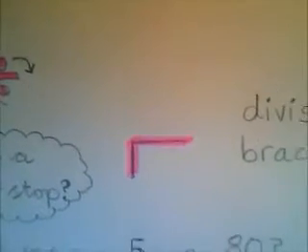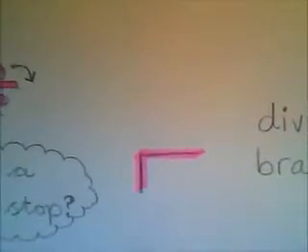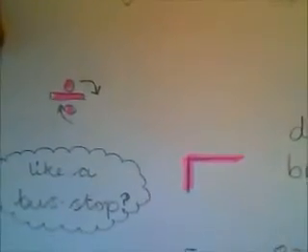Right there we have a division bracket. I think it looks a little bit like a bus stop. We're not supposed to call it the bus stop, but I like to think it does look like a bus stop. So I am going to call it a bus stop.